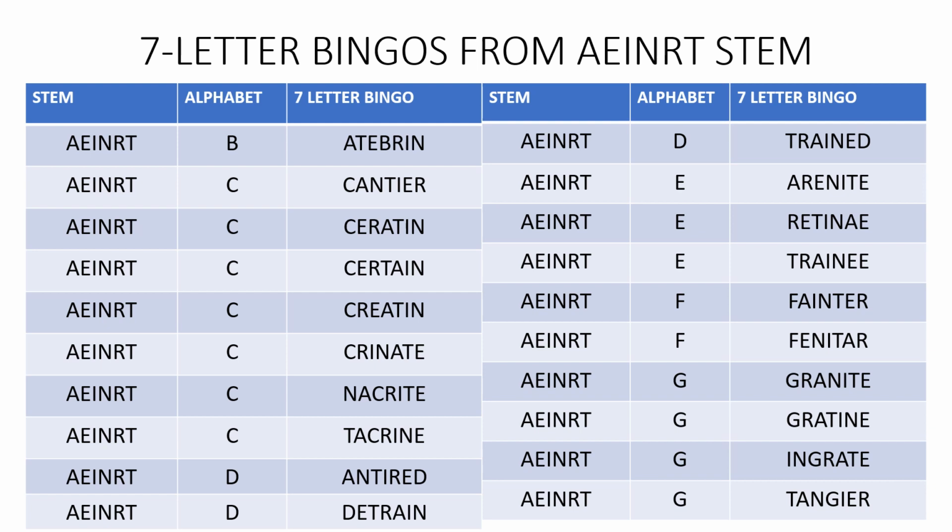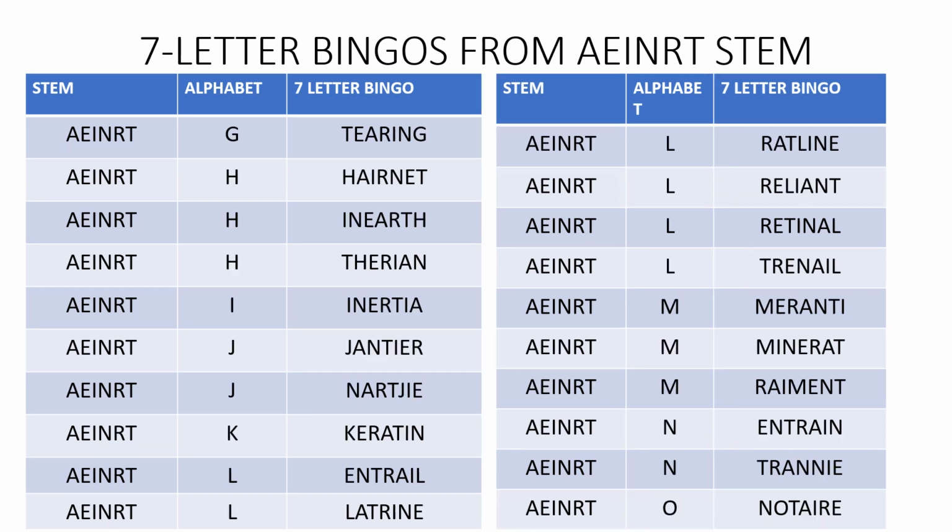7 words actually with C and AEINRT combination: Cantier, Certain, Creatine, Crinate, Nacrite, Tecrine. With D, Antired, Detrain, Trained, and there are again 3 with E: Enaiter, Retina, Trainee, and so on.